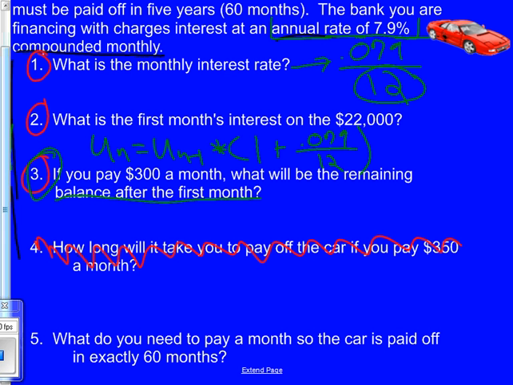So you would take this and punch that into your calculator. I set up that u of 0 is equal to 22,000, and then you'd say that n is greater than or equal to 1, and then what do we get for when n is equal to 1? Because we're looking for our first month.